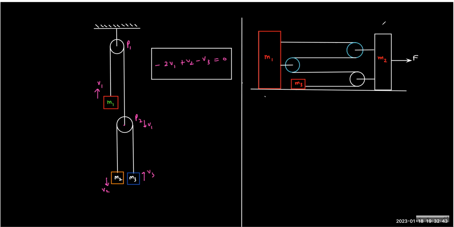So M2 will go on the right. So let's call it A2. How will M1 move? Towards the right. How will M3 move? Towards the right. So can you correlate all three, A1, A2, A3?